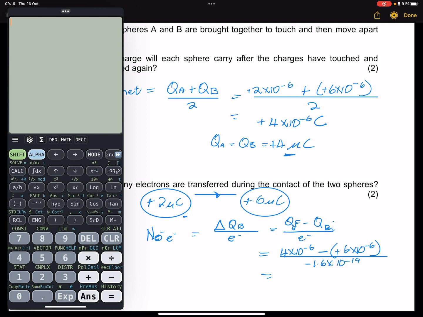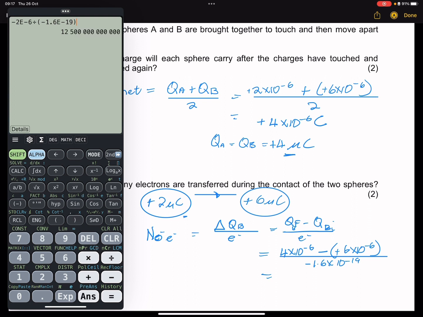That's 4 minus a negative 6, which gives us minus 2 exponent minus 6, and we divide that by the unit charge of an electron, which is negative 1.6 exponent minus 19.